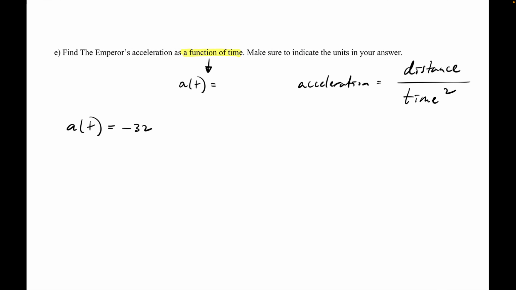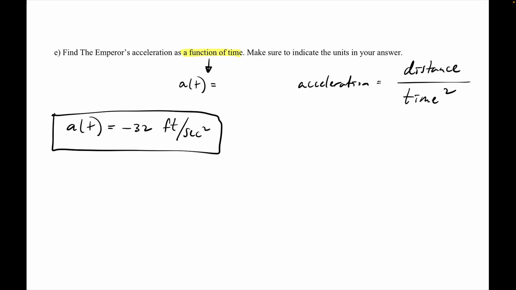Time is squared. That's the difference, because it's a rate of a rate. It is a rate, but it's of a rate. Regular rates are just rates of position. This is a rate of a rate, so that's why it's squared at the bottom. So the distance is feet, and then seconds squared.